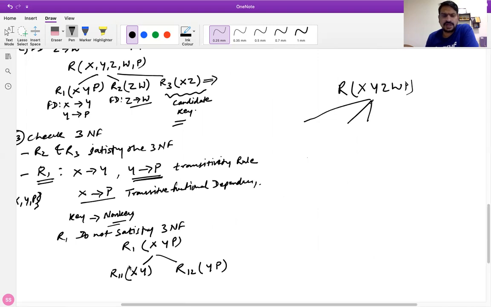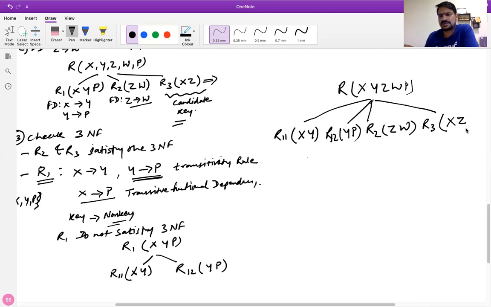The first table that we get here is R11, which has the values X and Y. Then R12, where we are getting the values Y and P. Then the next one we are getting is R2, which has the values Z and W. And the last one that we are getting is R3, which has the values X and Z. Okay, so as you can see, there are some common attributes in all of the tables, and we can join them together and we'll get R at last.